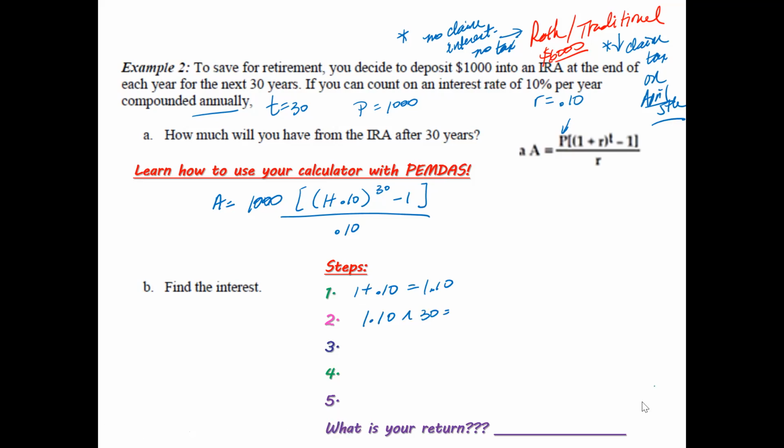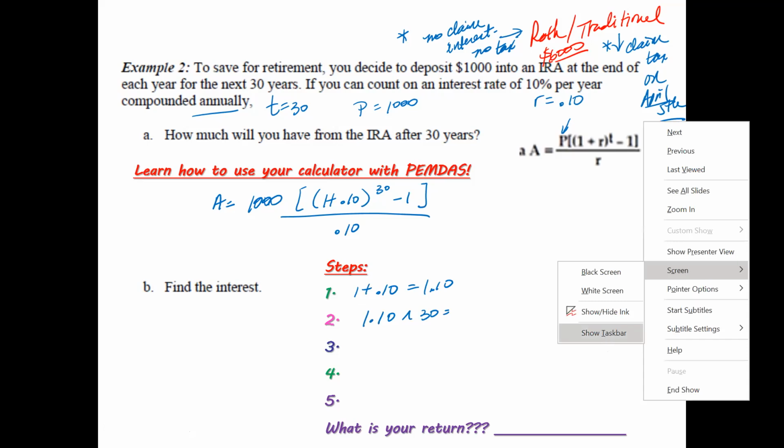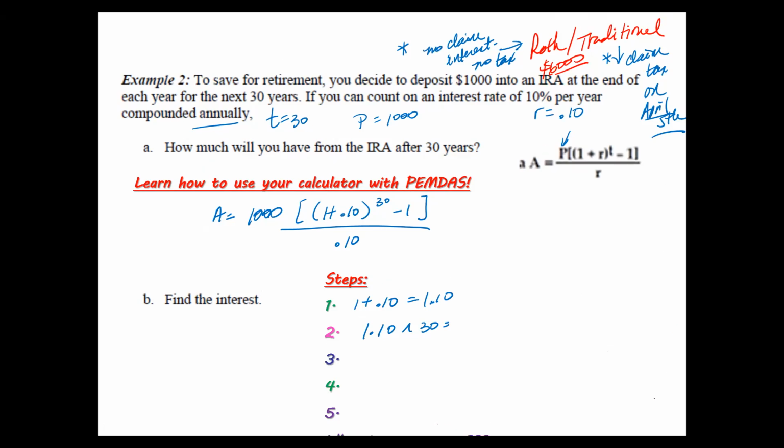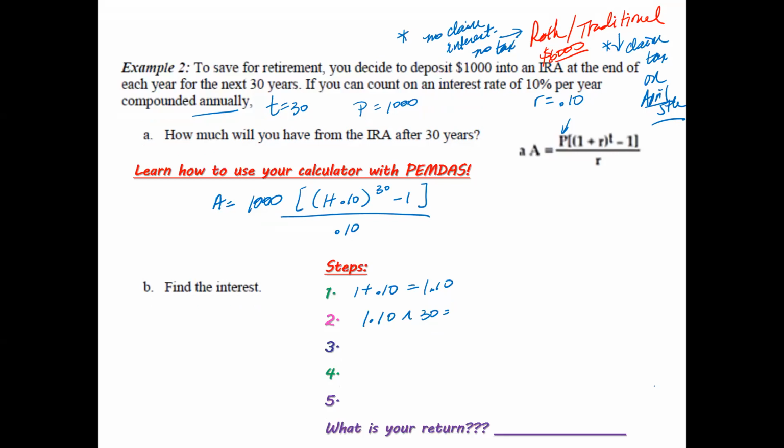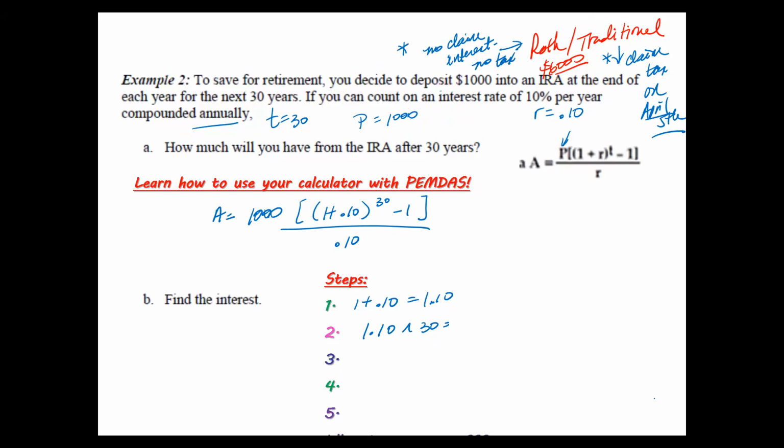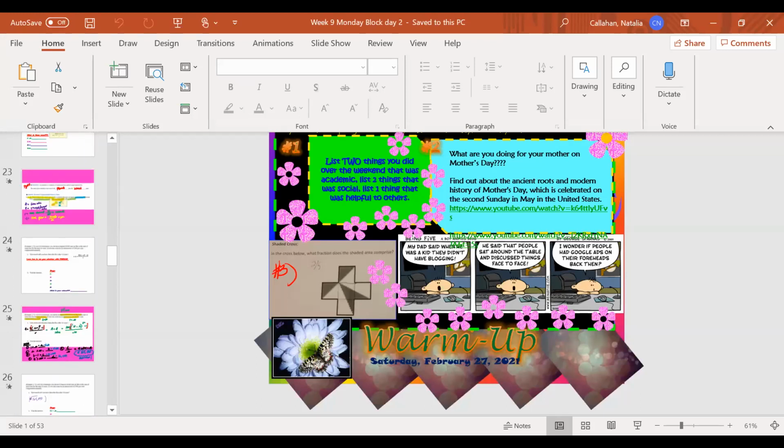And if you're not quite sure where the calculator is for the exponent or the little caret, that's okay because I'm going to go ahead and show you guys where it is. I'll find one and paste it on.